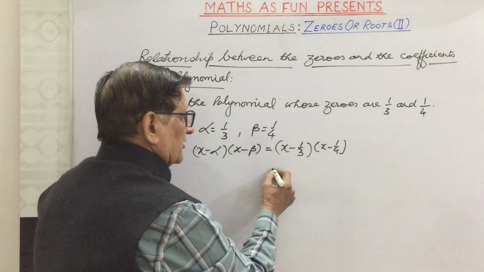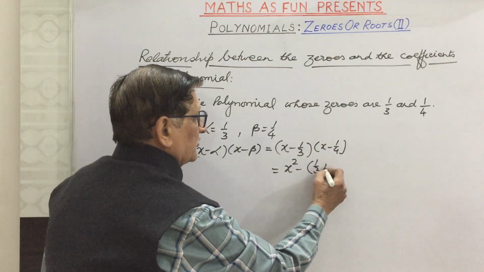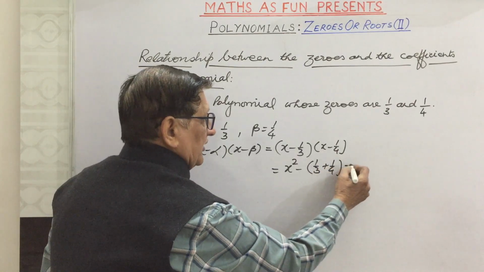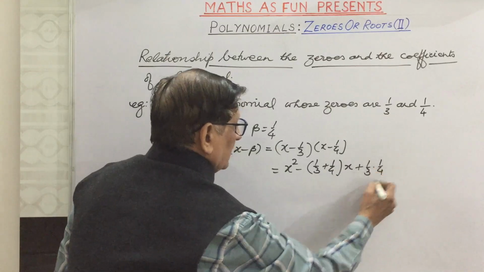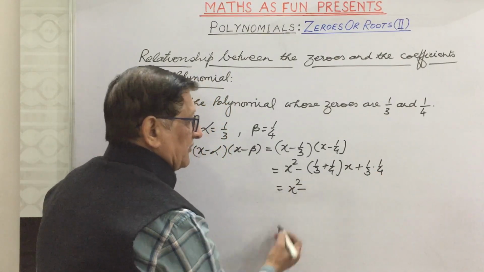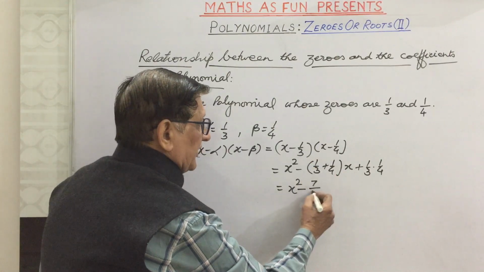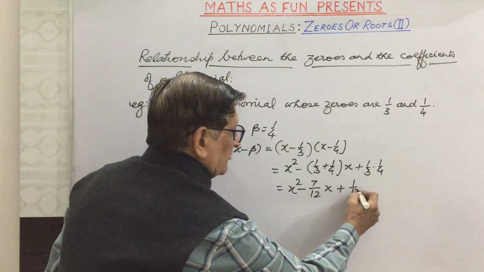And we find the product, that will be x square minus (1 upon 3 plus 1 upon 4) into x plus 1 upon 3 into 1 upon 4. This is x square minus 7 by 12 x plus 1 by 12.